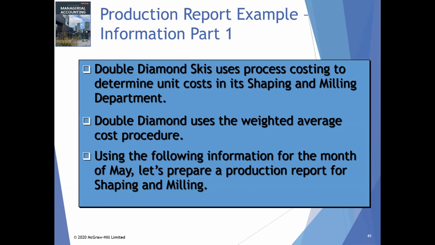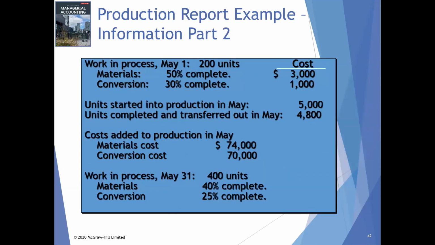Now we are going to create the production report for this company. There are two departments, a shaping department and a milling department. So what will the production report be and how will we prepare it? This is the information available in front of you.